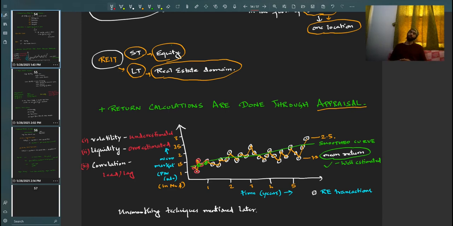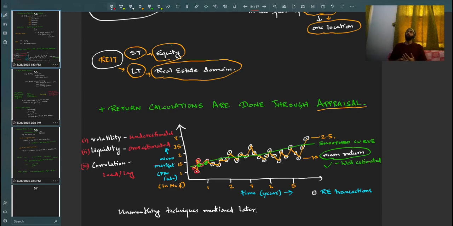We are talking about real estate's correlation with equity, with bonds, with hedge funds, etc. They create a lead and lag pattern with respect to those markets, right? It's not consistent that it is always leading the hedge fund market or the equity market or always lagging the equity market or the bond market. It may sometimes lead, it may sometimes lag.